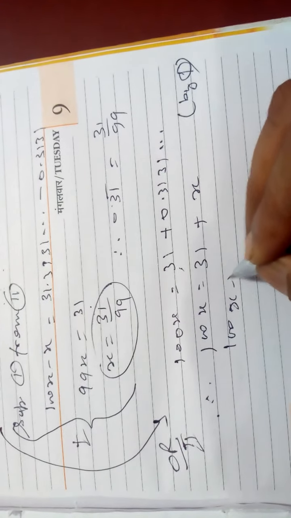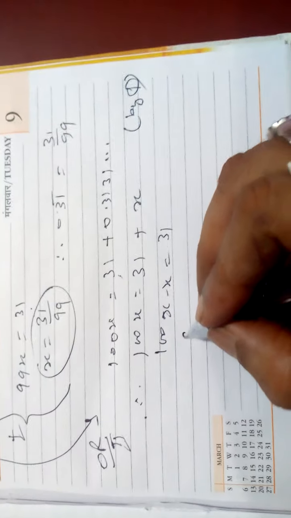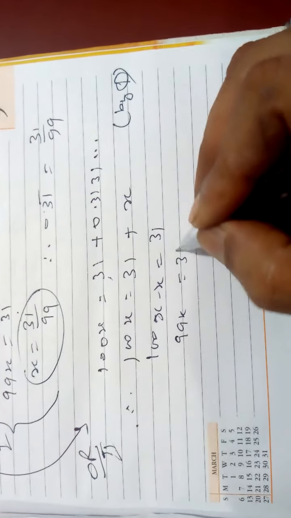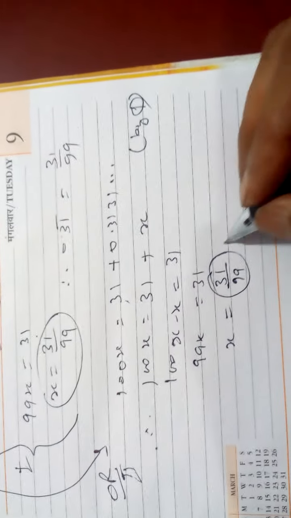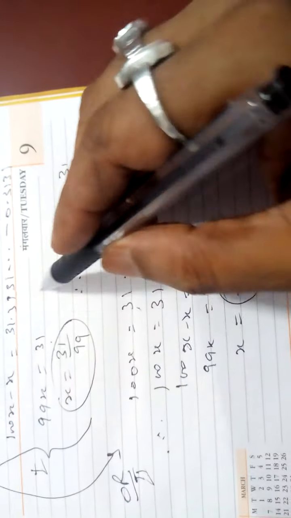Now transpose: 100x minus x is equal to 31, a linear equation from algebra. So 99x is equal to 31, then x is equal to 31 by 99. You are getting the same answer as before, so you can adopt this method or that method.